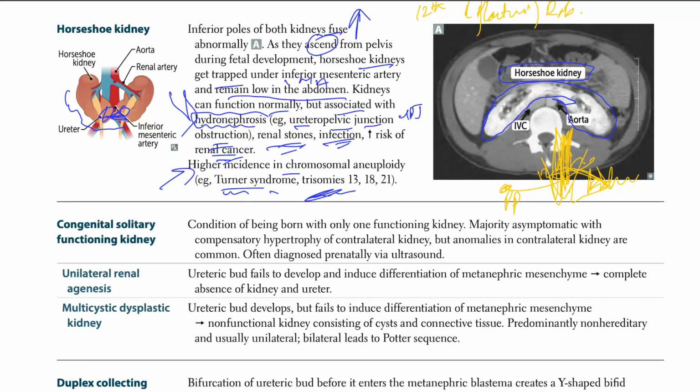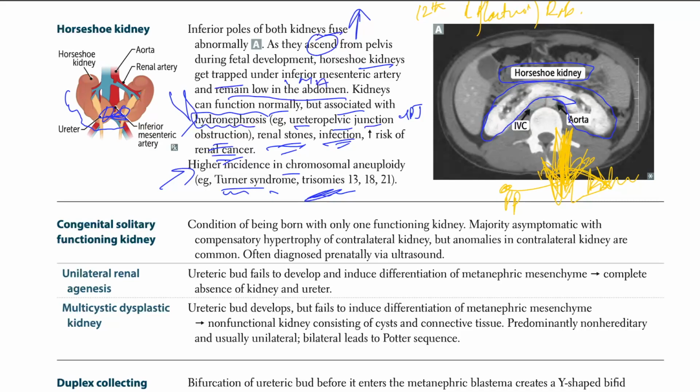So if you have a fractured 12th rib, it can easily lacerate the left side, because that lies a little lower than the right side, and it lies directly behind that 12th floating rib, right?